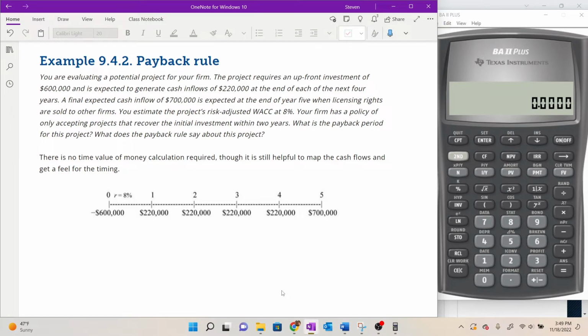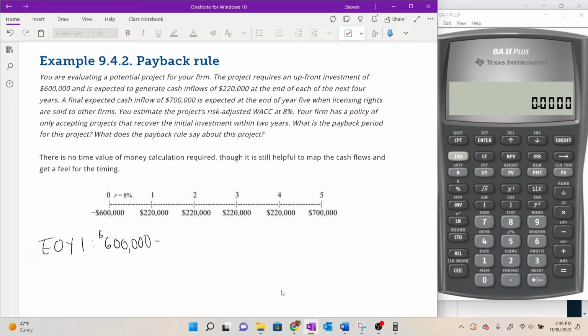In this case, we've got $220,000 coming in. Well, that is not going to be enough to recover our initial investment. So, we're going to have to look ahead to the second year. So I'm going to go ahead and start keeping track of these. And I'll say EOY 1 for end of year 1. We started with $600,000 to recover.